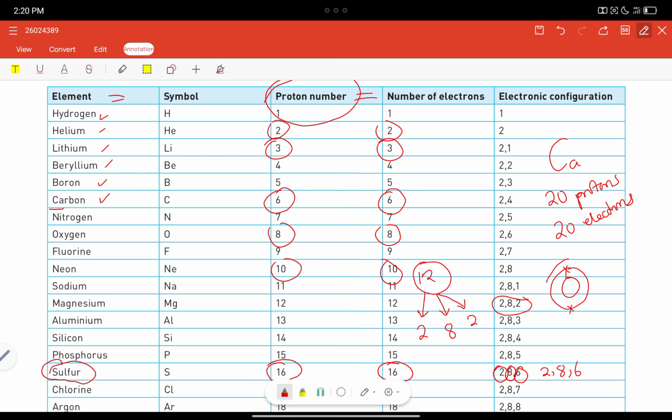The second shell will take 8. So after doing that, that will be 10. We're left with 10 more. So you do a third shell, which will take 8 also.